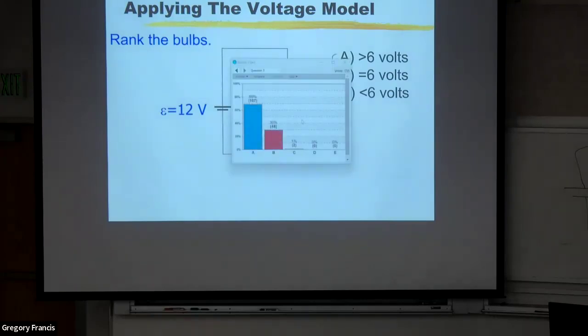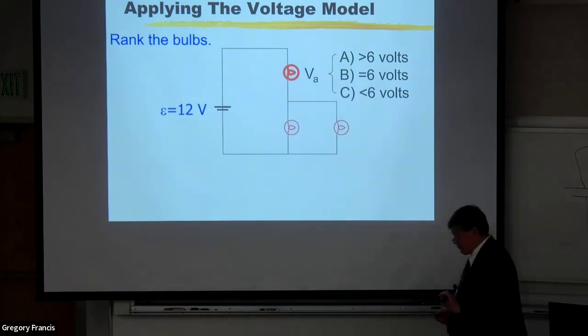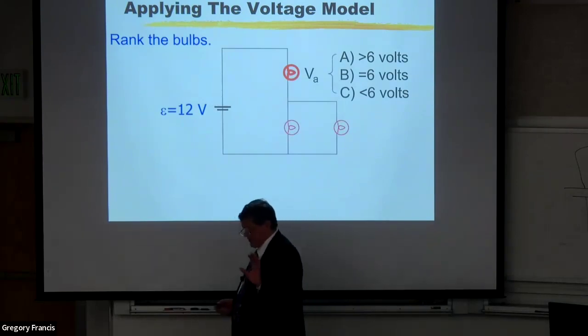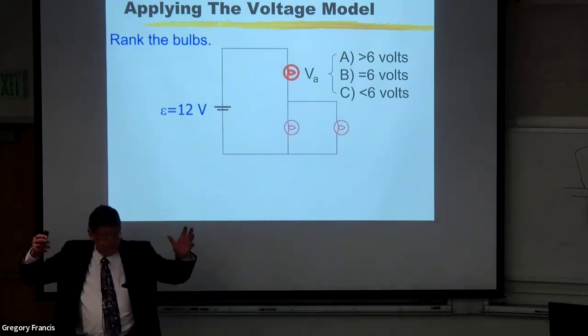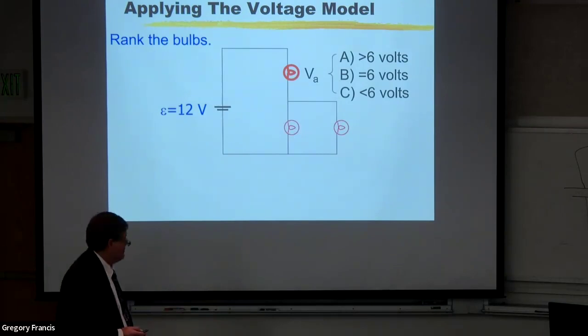Okay. It looks like greater than 6 volts wins, but we have 46 choosing equal 6 volts. Let's talk about that. I suspect that we're using different models. Right now we haven't come to an agreement about what our model is.